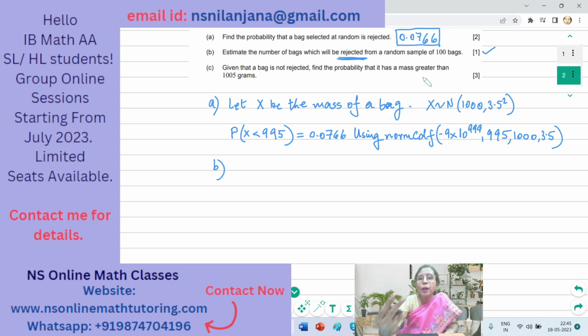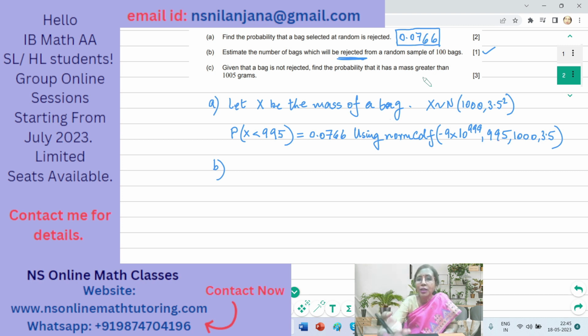There are only two possibilities. If its mass is above 995 grams, it will be accepted. And if its mass is less than 995, it will be rejected. So we have only two possible outcomes.